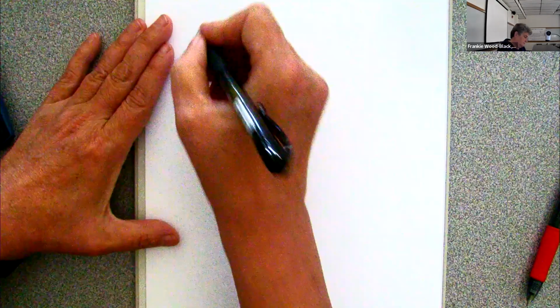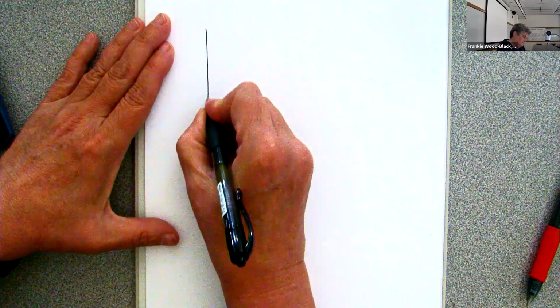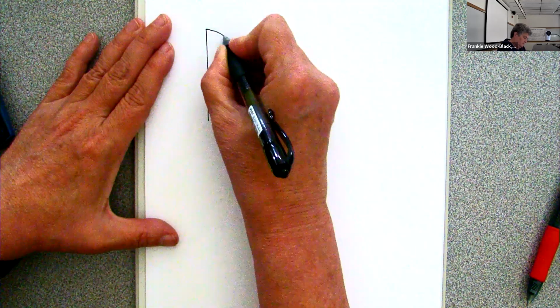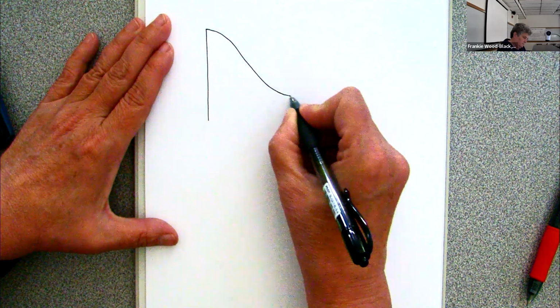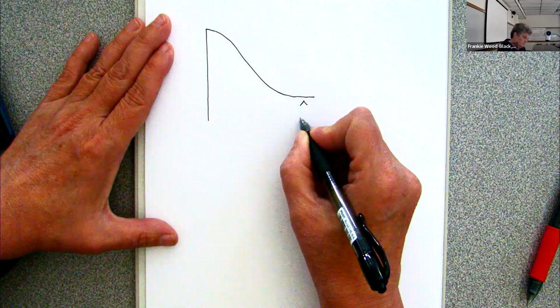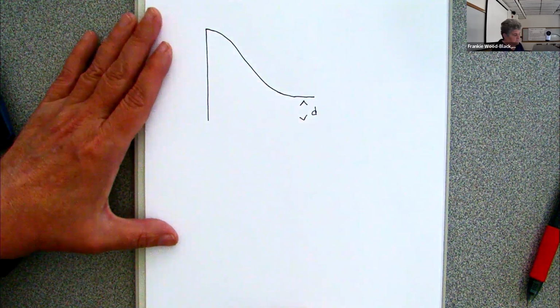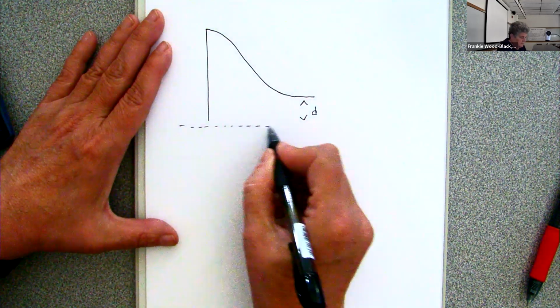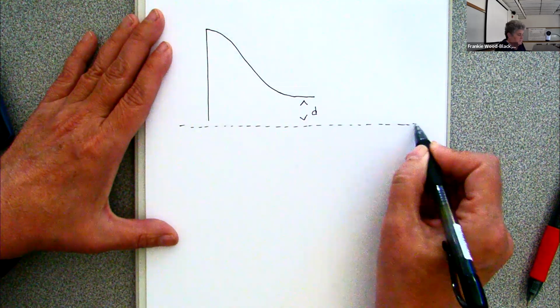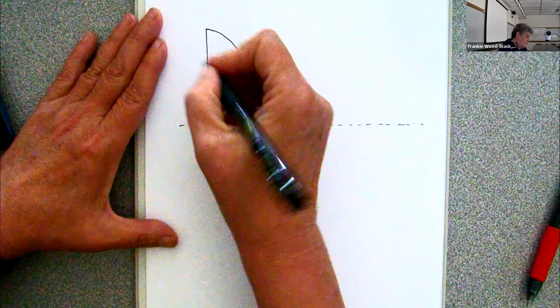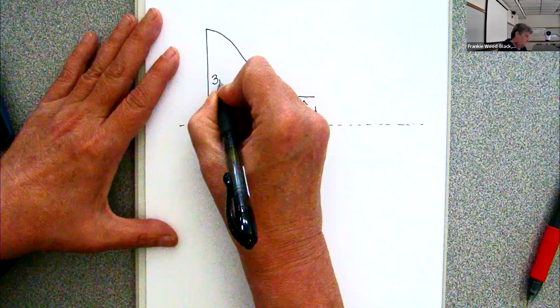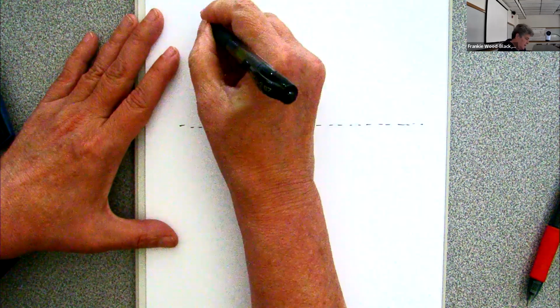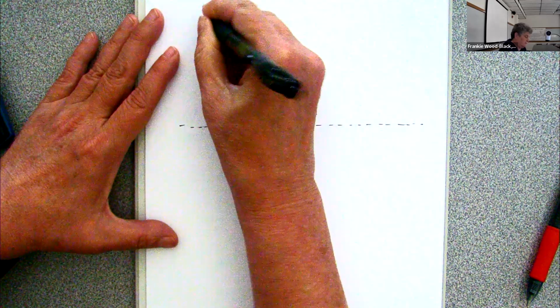So let's take a problem like this. We're going to say that this is 3 meters. We're going to take an object to the top of the slide.